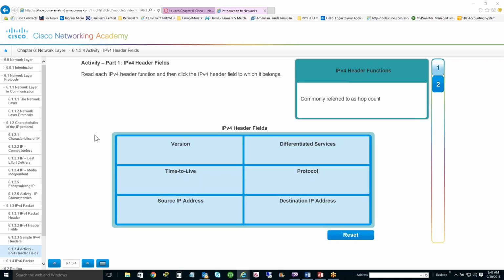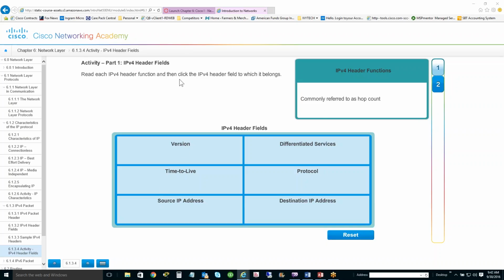So based on all of that rather detailed information, what I would do is drill yourself on the IP4 header fields and make sure that you can do this and master that.